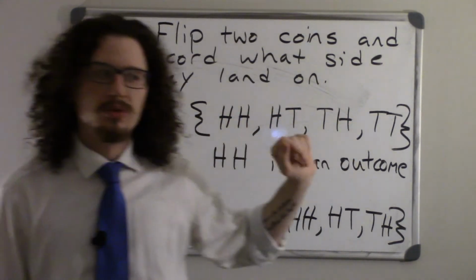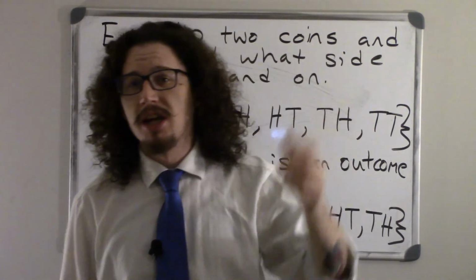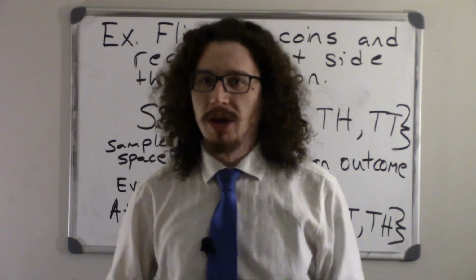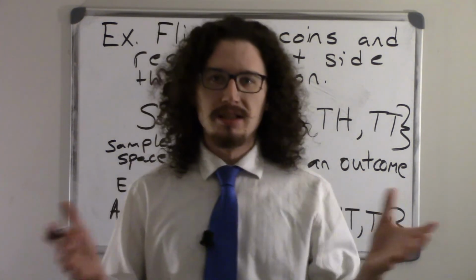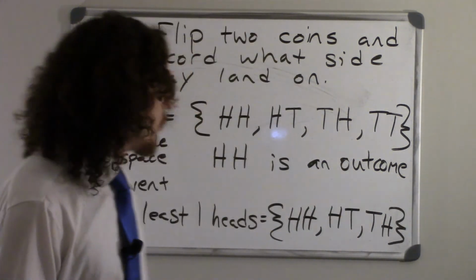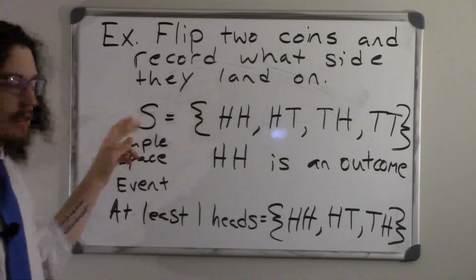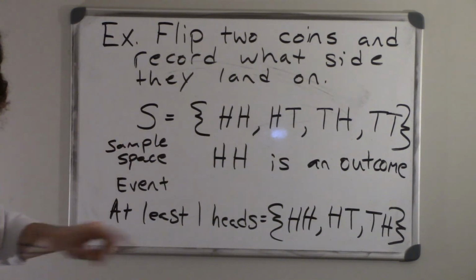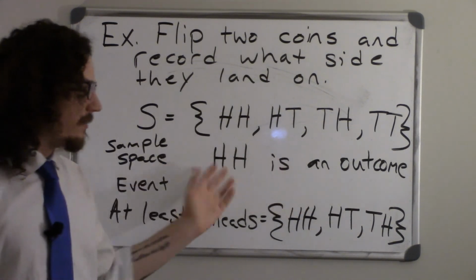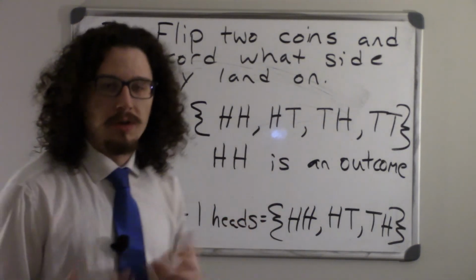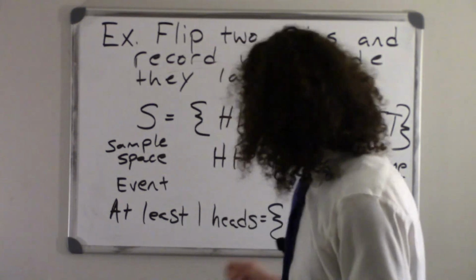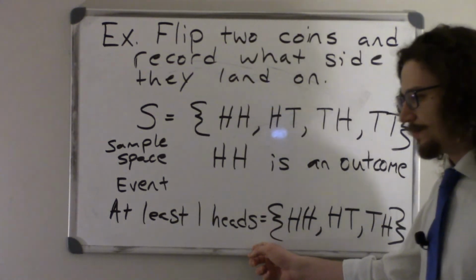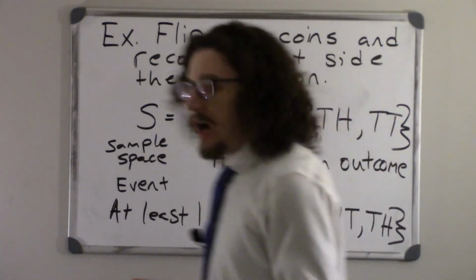In some cases, especially when we get into chapter 7 or really even chapter 6, we won't be able to write down every single possible outcome, but we can at least specify or define where that sample space is, where all those outcomes are. We know how to tell an outcome from an event, and we know what we're talking about with these events.